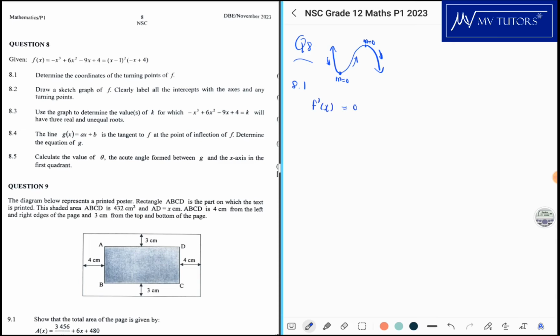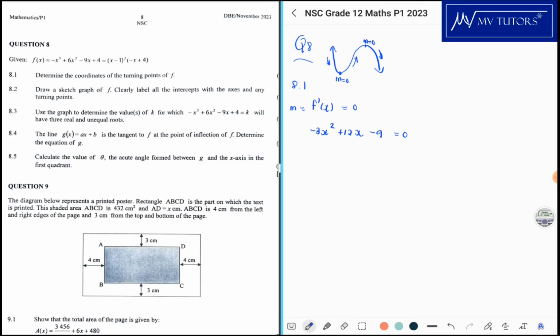Now let's get the first derivative. We're going to use the first form that they gave us. So the first derivative, 3 times negative 1, that will be negative 3x squared. And then 6 times 2, that's positive 12x. And then minus 9. And that will be equal to 0.